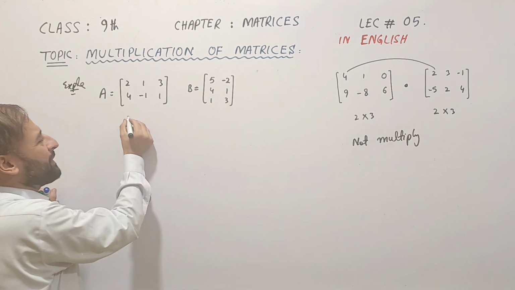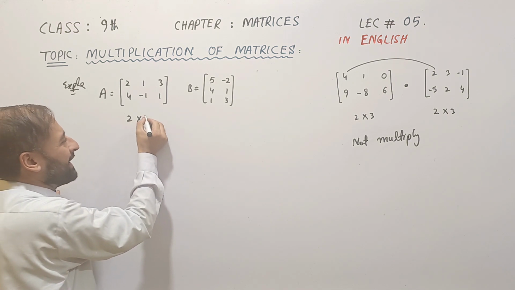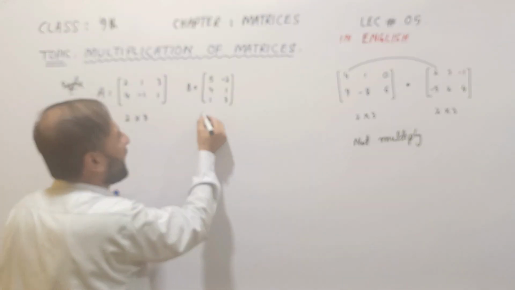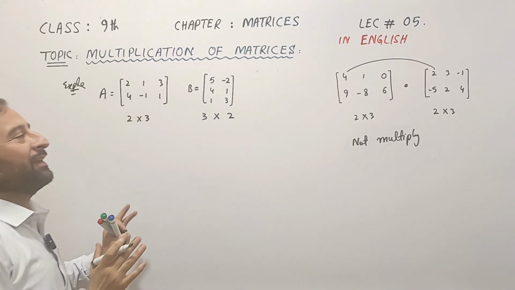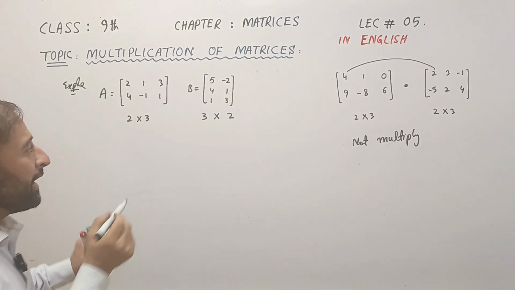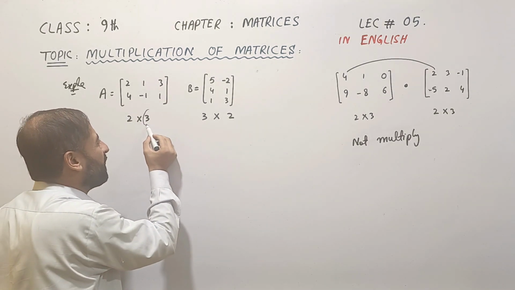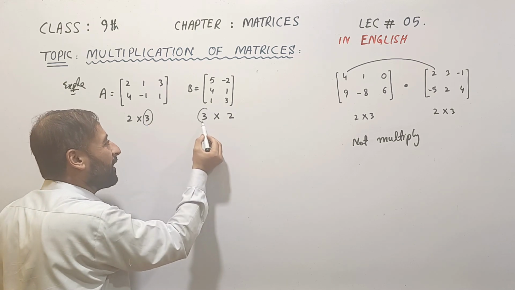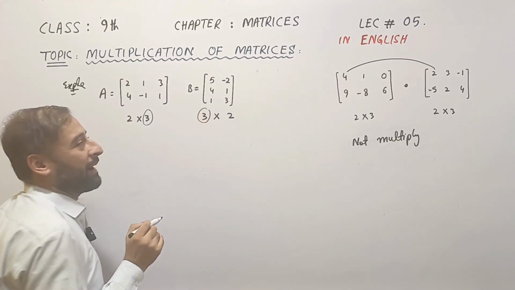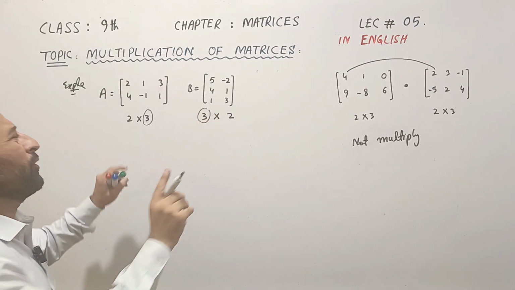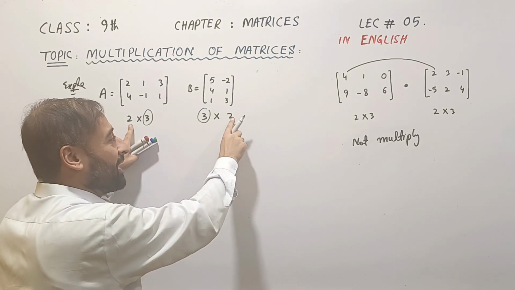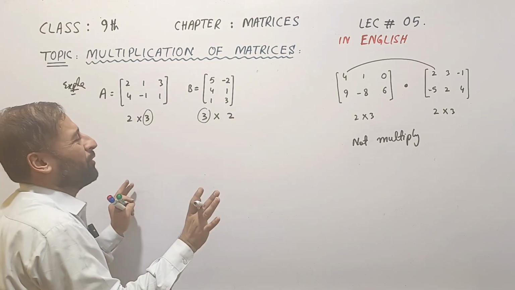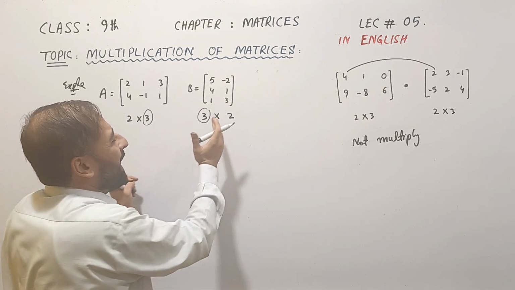Now the size of this matrix is 2 by 3 and the other matrix is 3 by 2. Now these two matrices are fit for multiplication. Why? Because number of columns of first and number of rows of the second matrix are equal. Forget about these two. You would be thinking, sir, number of rows of first and number of columns of second are also equal. Forget about this.